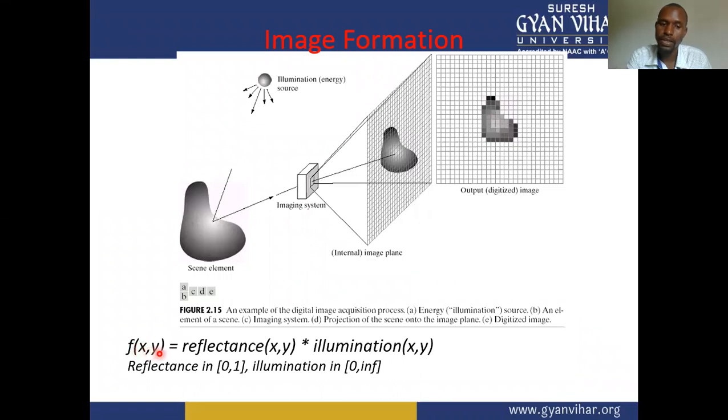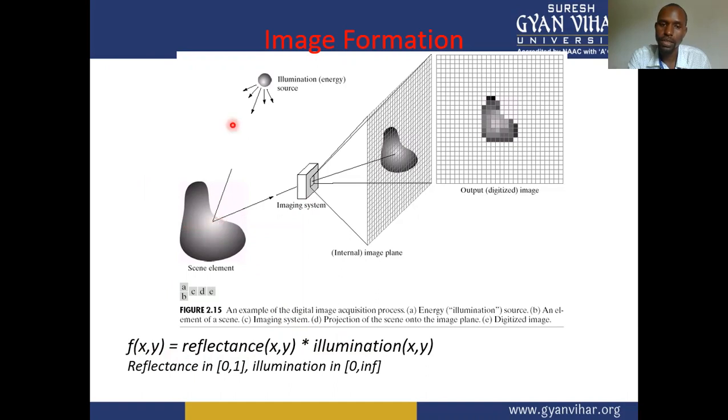So this is given by reflectance times illumination. Reflectance is what is captured from this object after reflection to the imaging system, and illumination is the amount of light that hits this object at a particular point.